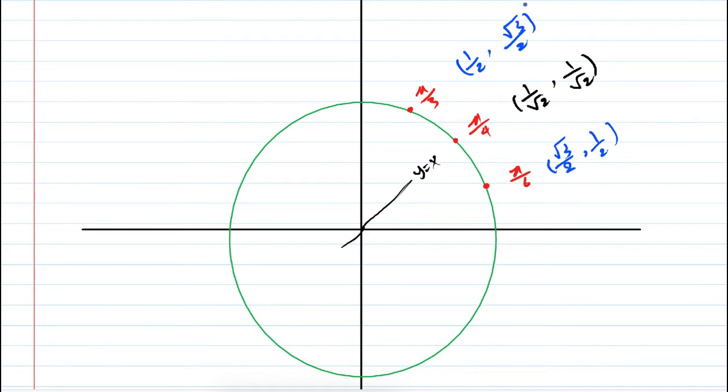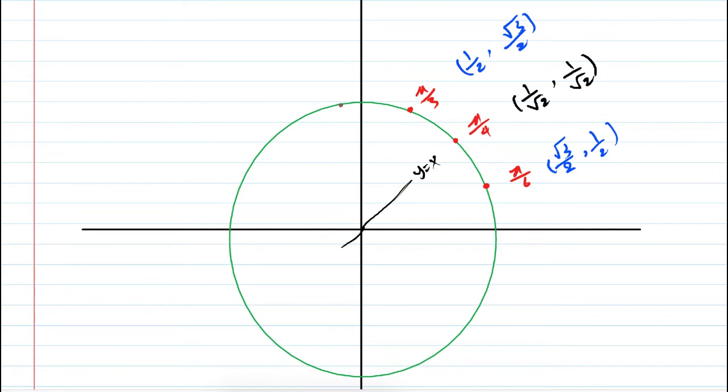So far all I have done is memorize the terminal point of pi over 6 and the terminal point of pi over 4. The terminal point of pi over 3 is the same as pi over 6, however you change the x and y. So after pi over 3, if I add another pi over 6 to it, I'll get to pi over 2.